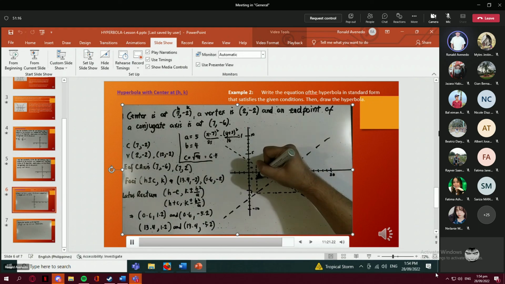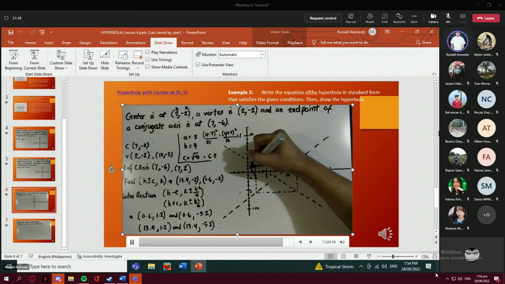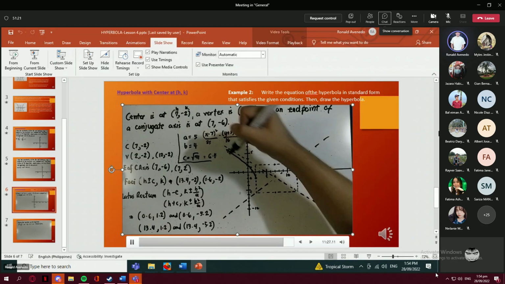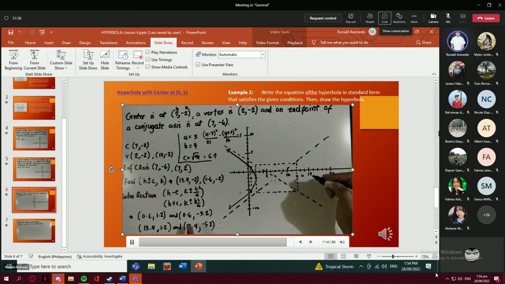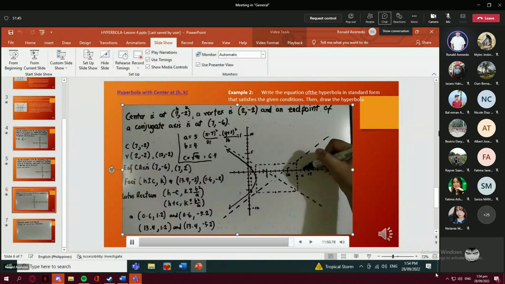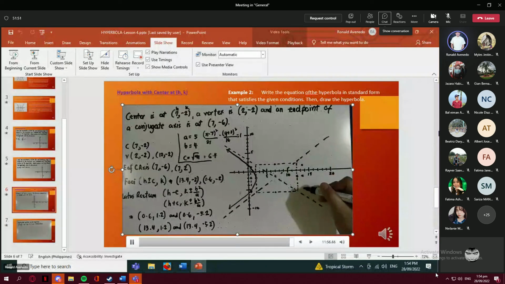The vertex going to the endpoint of the latus rectum, then this one, then the latus rectum. Then the second latus rectum: 13.4, then 11, 12, 13. So 13.4, 1.2. 13.4, negative 5.2. So connect.